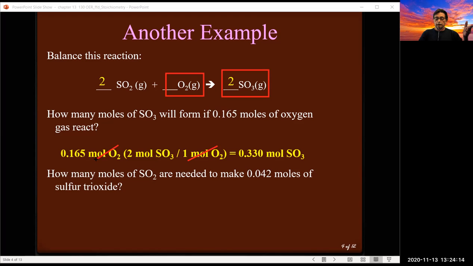Now, right now we're setting up 1 conversion factor. But as we progress with the chapter, in the next chapter, we're going to have at least 3 conversion factors to go from point A to point B. Okay?